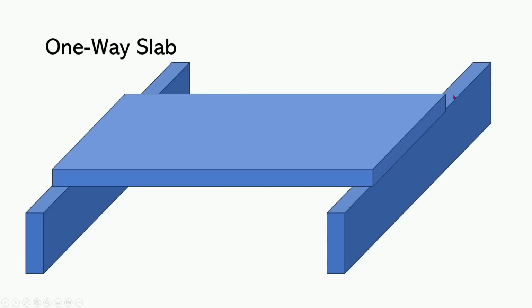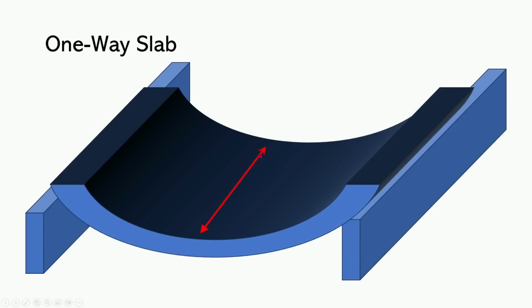And so, even if meron tayong supports dito, our beam will naturally bend this way. Mahirap mag-bend dito kasi the span is very small. As you can notice, the bending is along the shorter direction. When we say along, it's parallel. This is the bending, and then it's parallel to the shorter side. Again, this is the longer side, and then this is the shorter side.